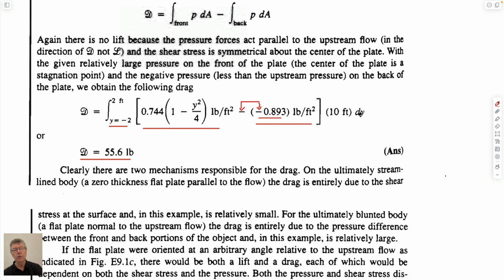And so the integral of y squared dy, I think, is equal to a third y cubed, right? And you subtract these when you evaluate the limits. So you get this. So that's it.